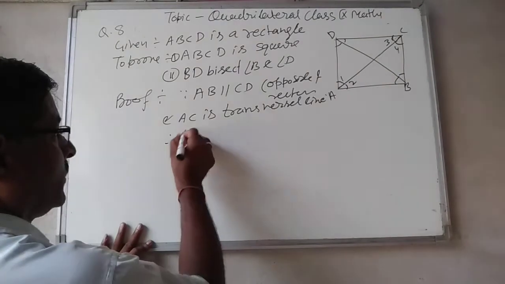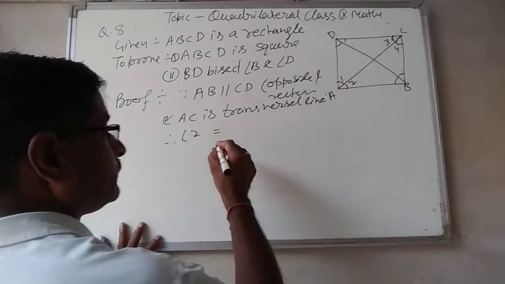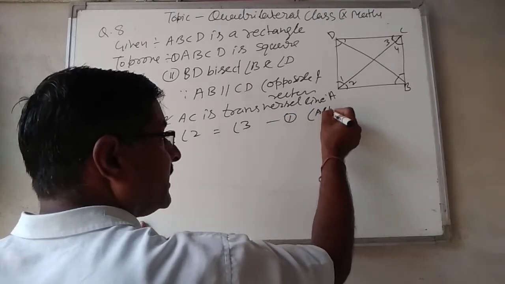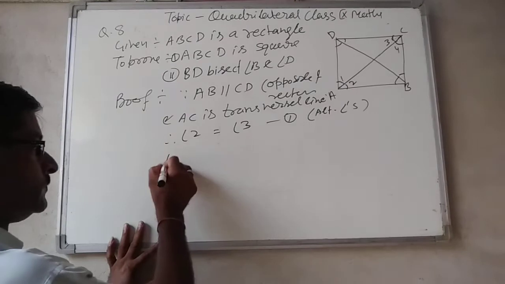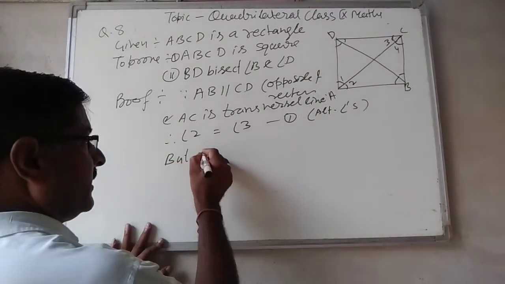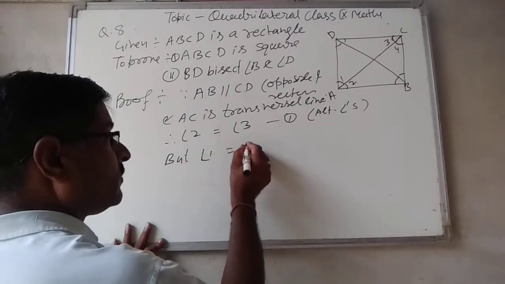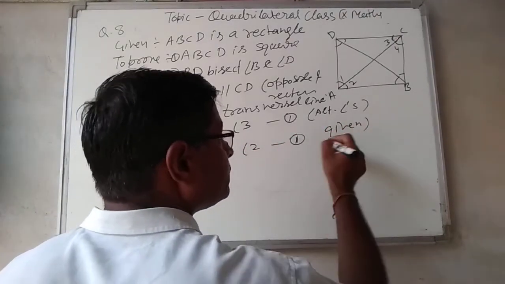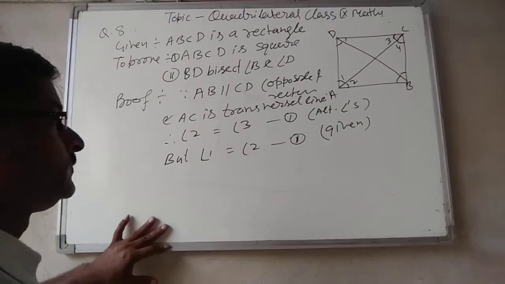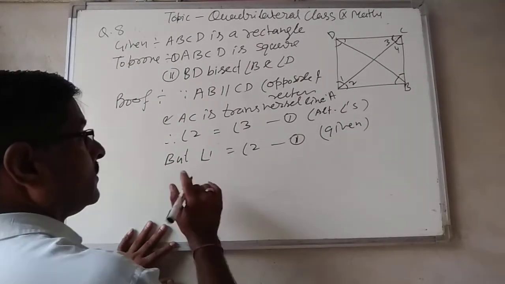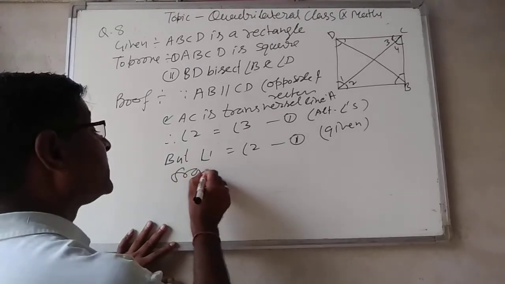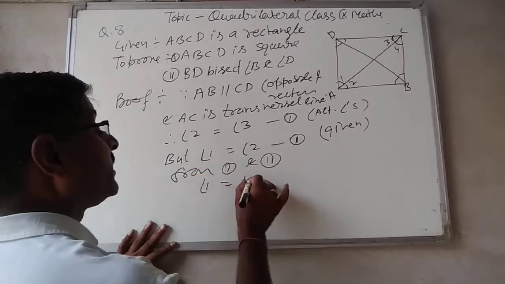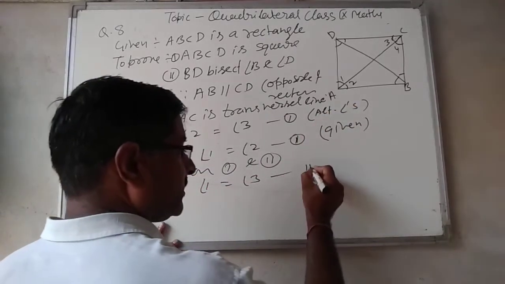Therefore angle 2 is equal to angle 3, equation first, alternate angles. But angle 1 is equal to angle 2, second, this is given. So from first and second, angle 1 is equal to angle 3, third.